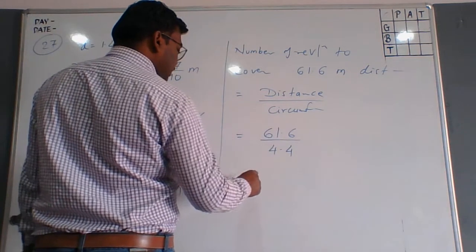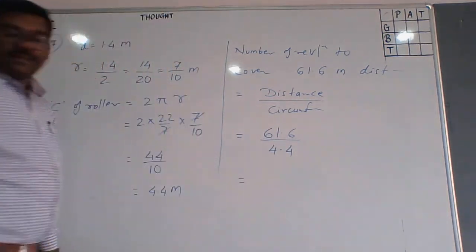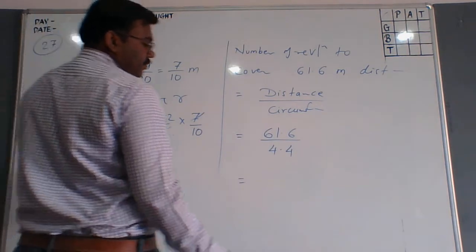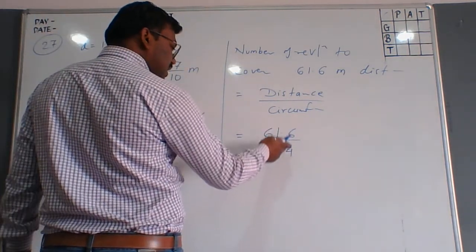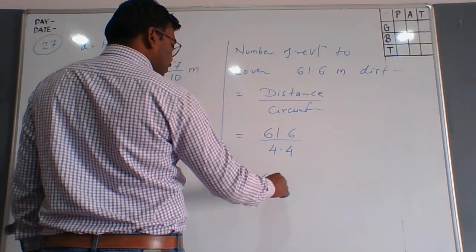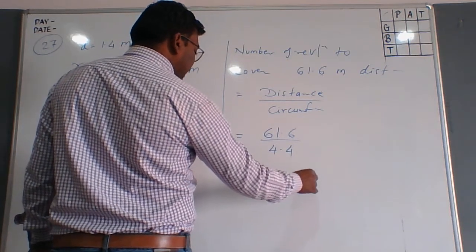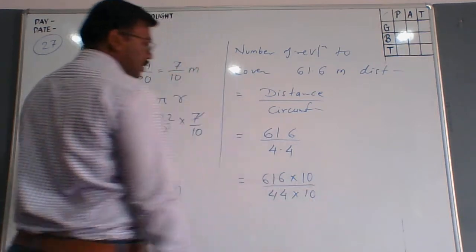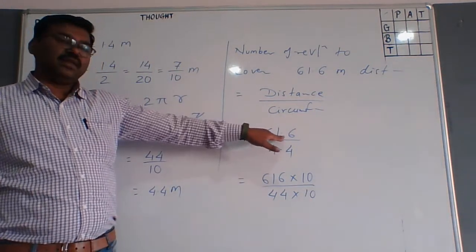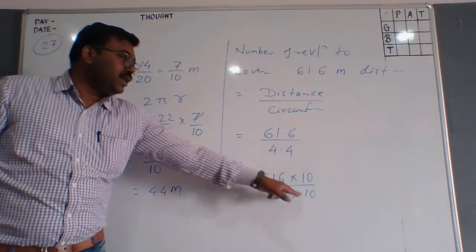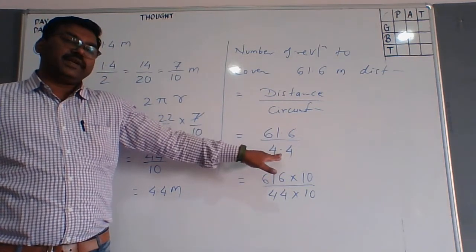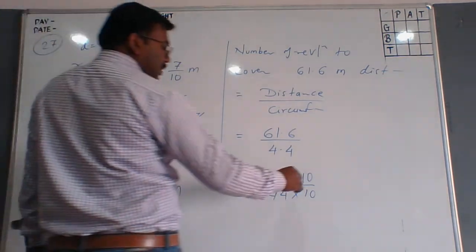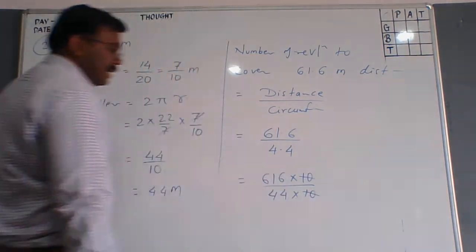So when we divide this, it will be 14. Or if you want to cancel the decimal points, what we need to do? Multiply by 10 and divide by 10. To remove the decimal from the numerator, we give 10 in the denominator, and to remove the decimal from the denominator, give 10 in the numerator. Now 10, 10 will get cancelled.